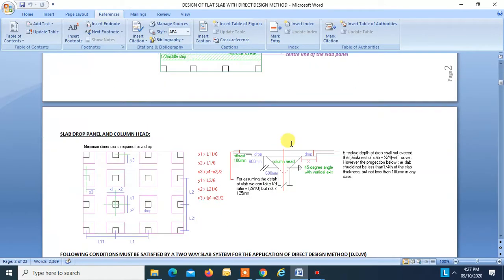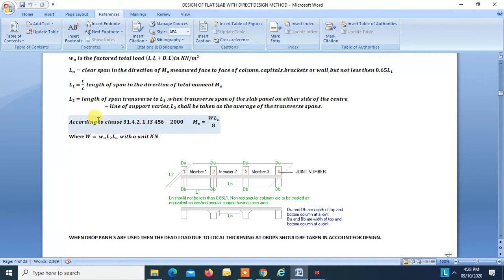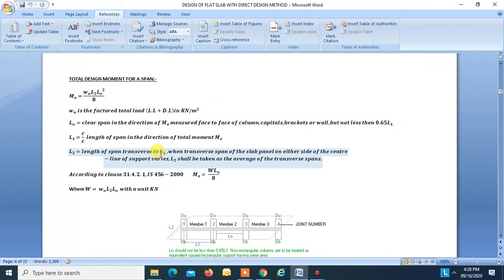The code has given this formula. That is M0 is equal to W Ln square divided by 8, where W is the total load in kilonewton. So W is equal to w into L2 into Ln, which you put over here, then you will get this.